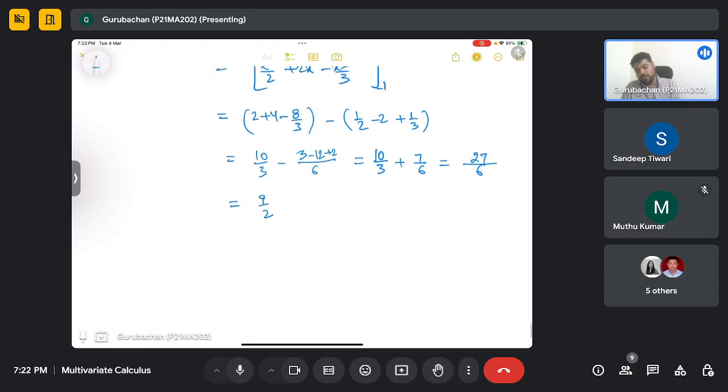Now, in a similar way, calculate x bar. Tell me what is the value of this x bar? 2 by 9 of again this double integral, but of x dy dx, minus 1 to 2, x square to x plus 2. That is 2 by 9 times the integral from minus 1 to 2 of x times x plus 2 minus x square dx.